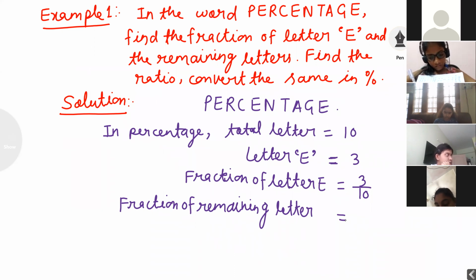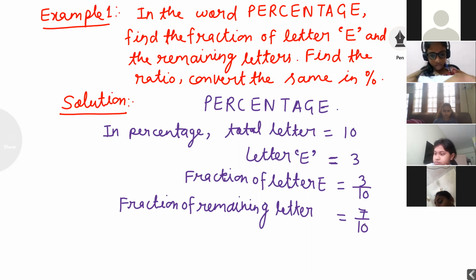There are 10 letters. E letter is 3. Then how many remaining are there? 10 minus 3 is equal to 7. 7 by 10.